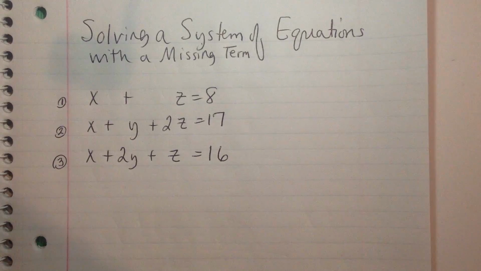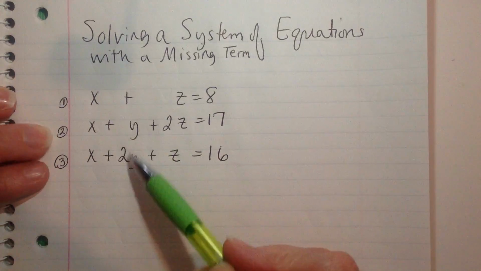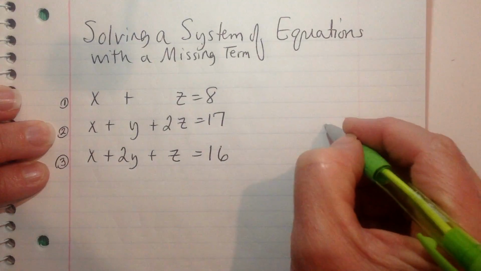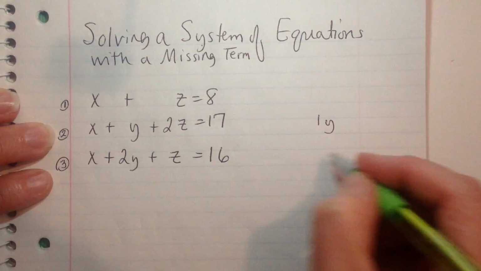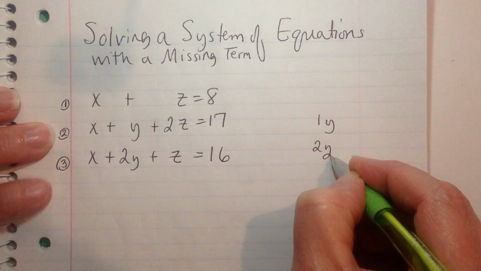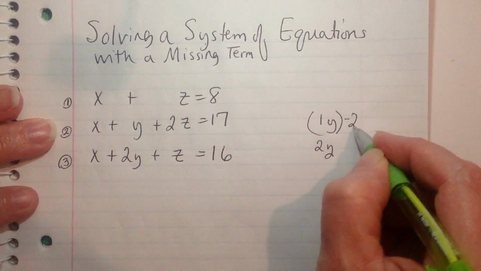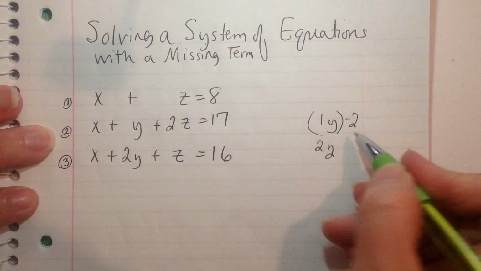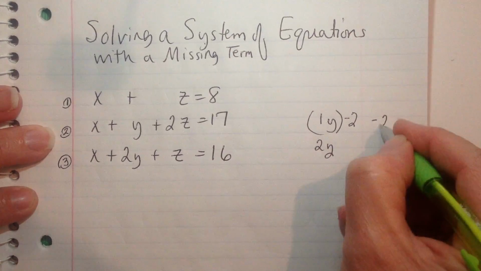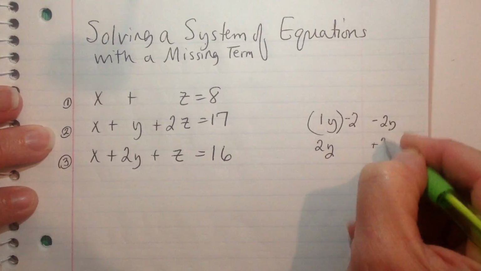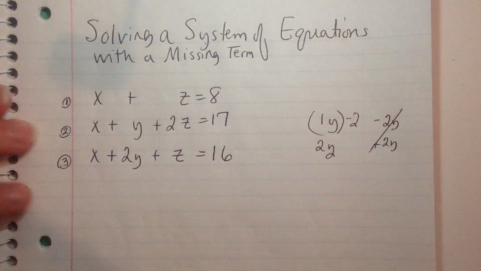the y. So looking at the y's in number 2 and number 3, I have 1y in the first one, I have 2y in the second one. I'm going to need to multiply the first one by -2, the entire equation through by -2, and I would get -2y, +2y, and they would cancel.